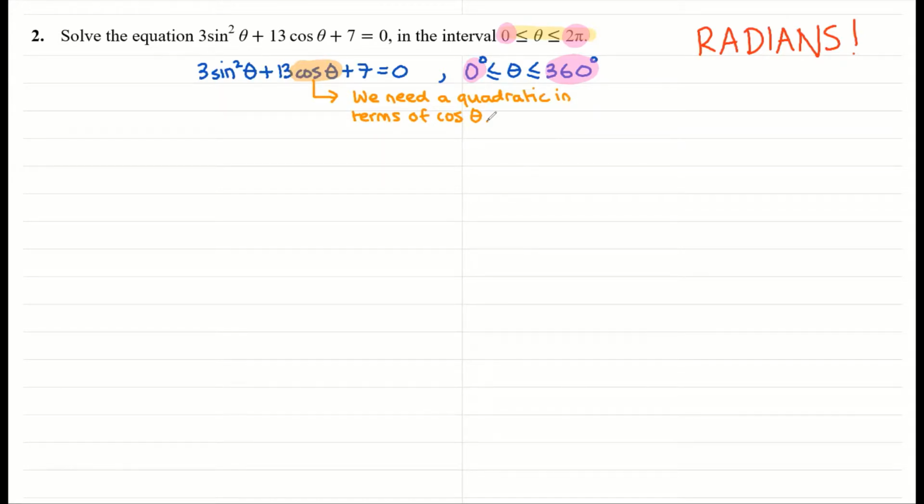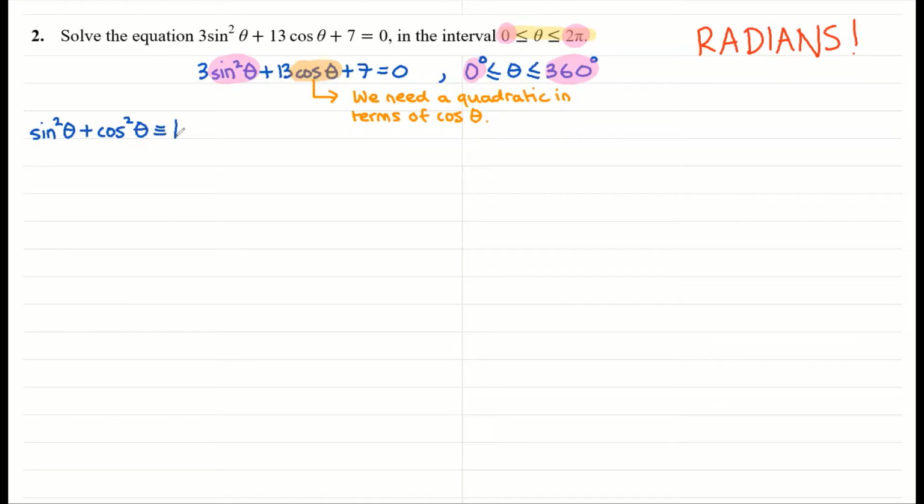Now, this means that we have to do something about the sine squared theta here. Well, we can do that. We can use the identity that we were given at the start of the lesson that you need to remember: sine squared theta plus cos squared theta is identical to 1.